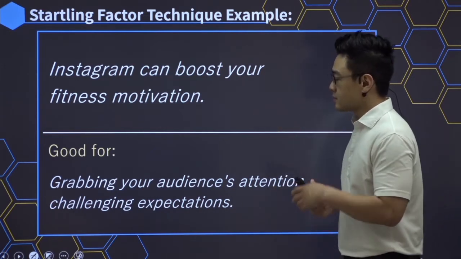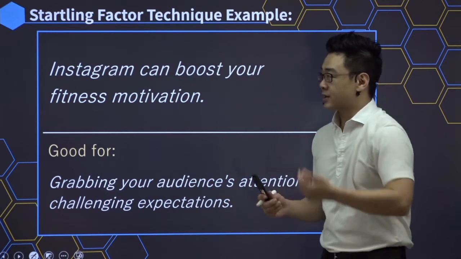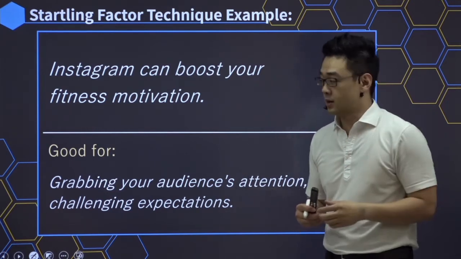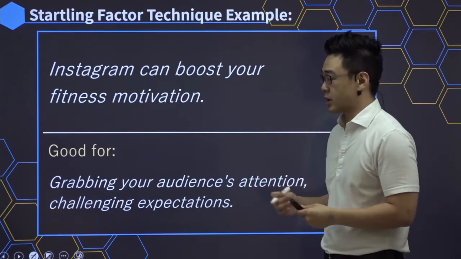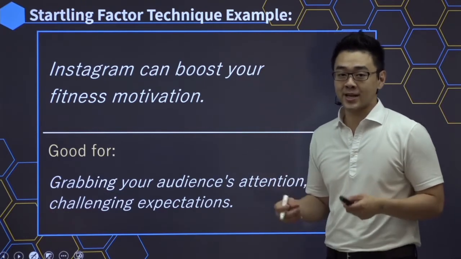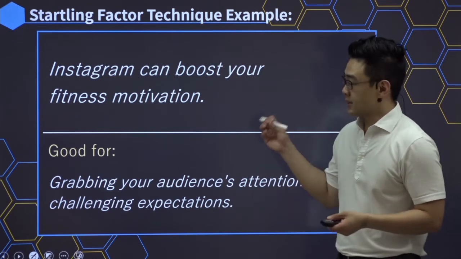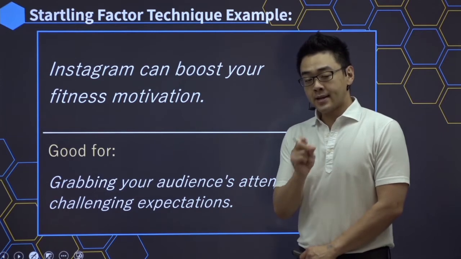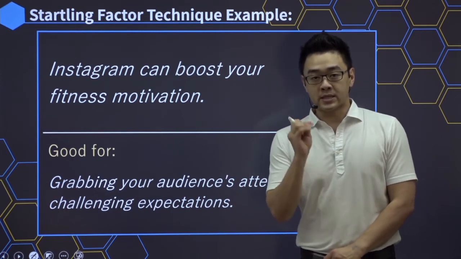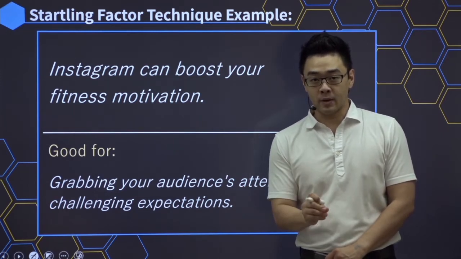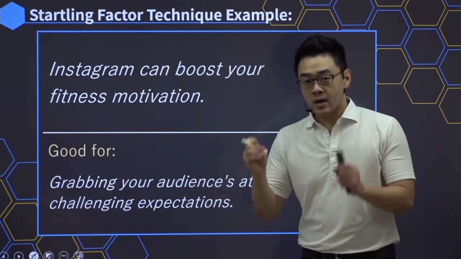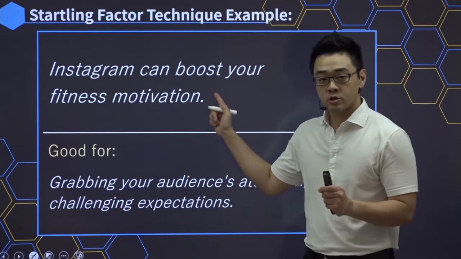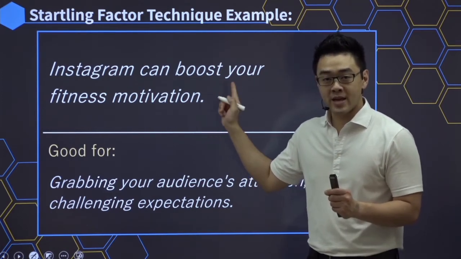Just as an example, not a perfect one, one I thought about on the spot: you can start a presentation, if the project is delayed, by saying, with my proposal, I can tell you right now that we can deliver the project on time, even ahead of schedule, only if you support me. Shock them. Shock them in the beginning.